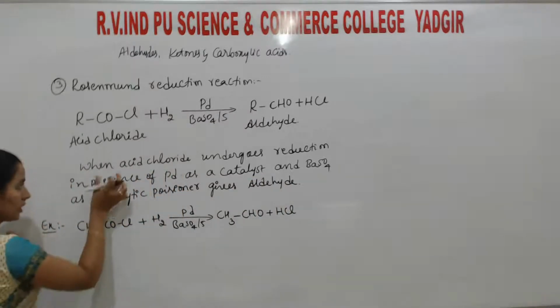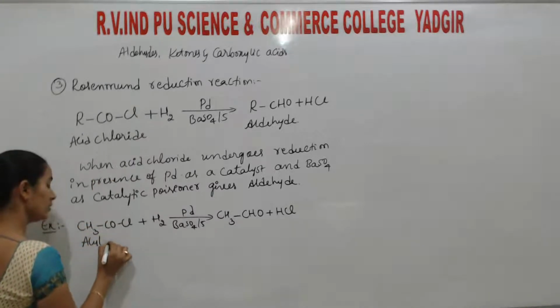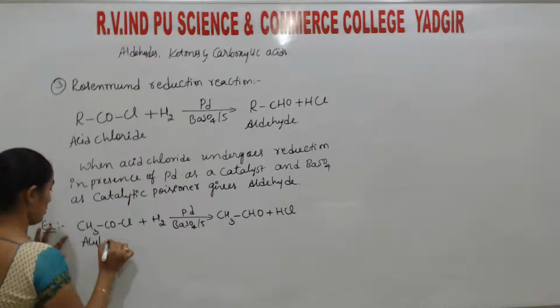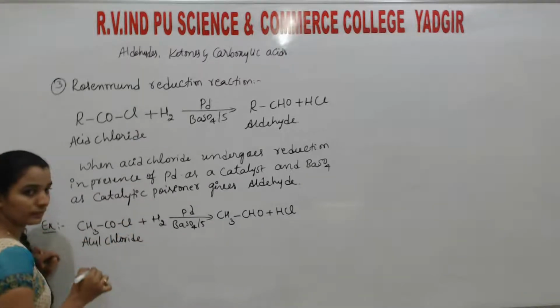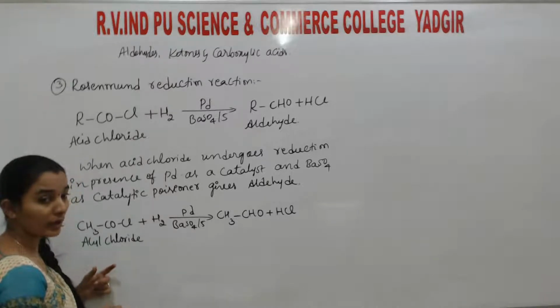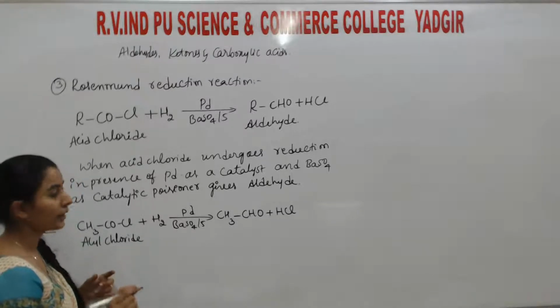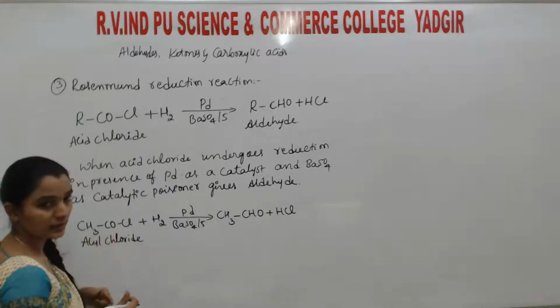Okay, so here you need to write what this one is: acyl chloride. Or you may write acetyl chloride, acid chloride, acetyl, acetic acid.